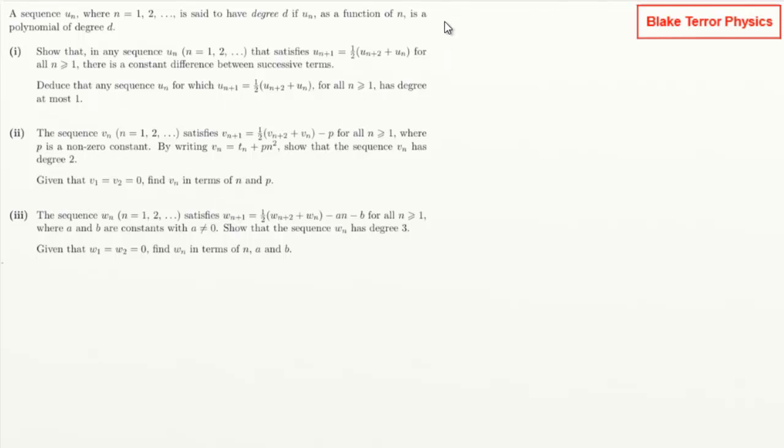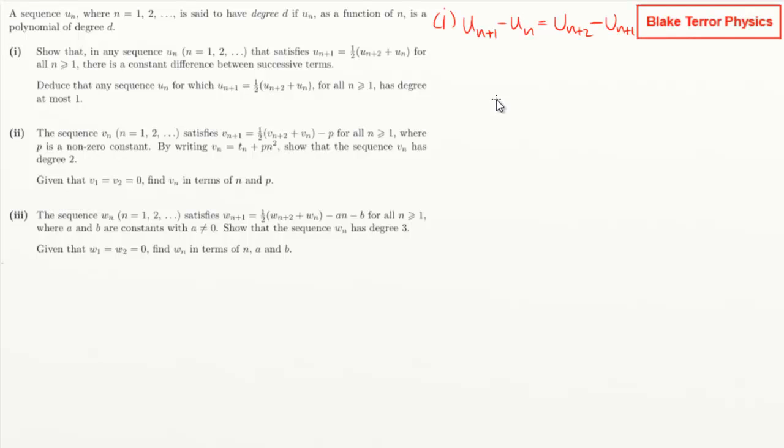Right, so this is the first bit we have to deal with. If we've got a constant difference between successive terms, so we've got an arithmetic sequence, then we're saying that un plus 1 minus un, and we've got un plus 2 in here, so let's go up to un plus 2 minus un plus 1.